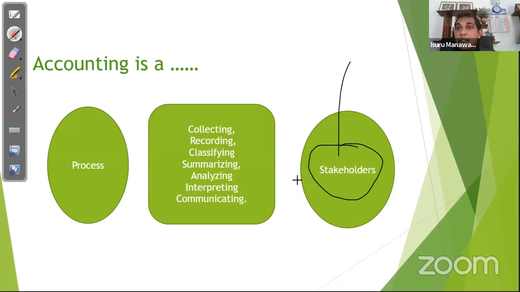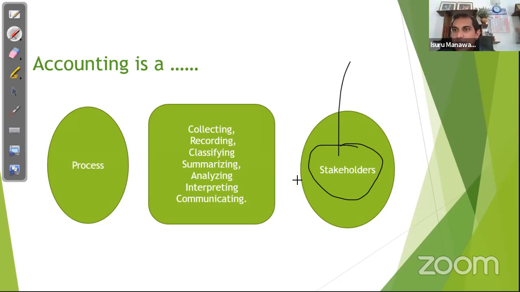Transactions and events need to be collected, and we need to record, classify, summarize, right? And that summarized information needs to be communicated to the stakeholders through what? Through financial statements. That is the output of the accounting system.